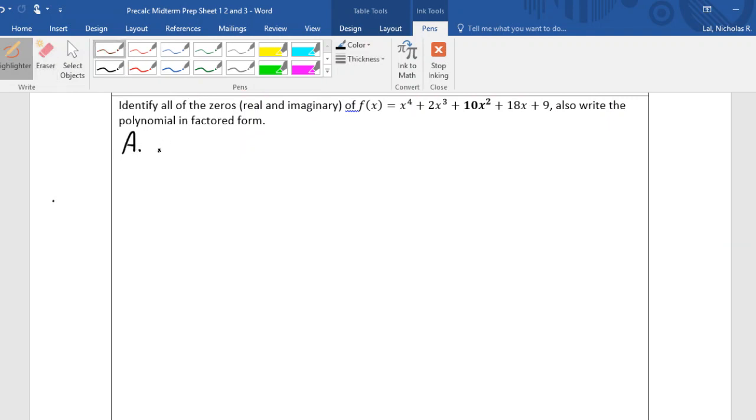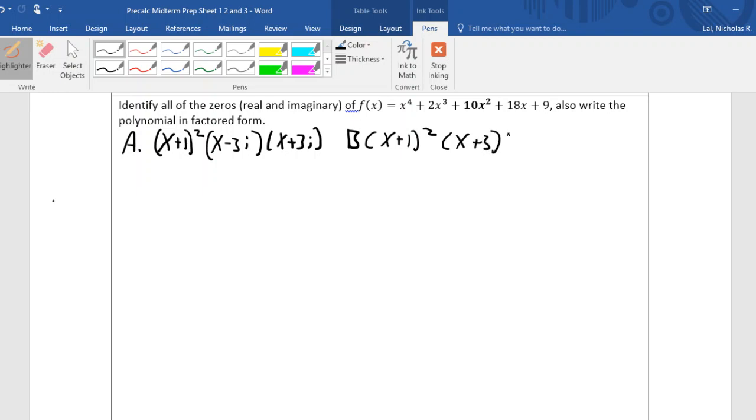is going to be x plus 1 squared, x minus 3i, x plus 3i. Answer choice B will be x plus 1 squared, x plus 3, x minus 3.